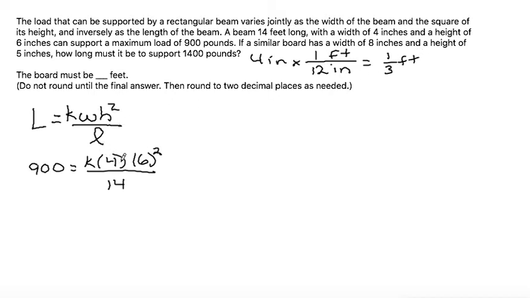So let me replace my width with 1/3. And it says to not round until the very end, so I want to leave that as a fraction and not round it. And then if the height is 6 inches, 6 inches would be half of 12, so that would be half a foot.